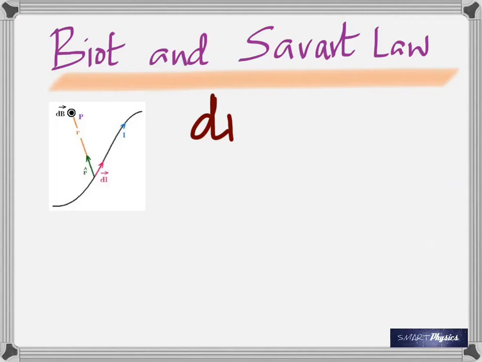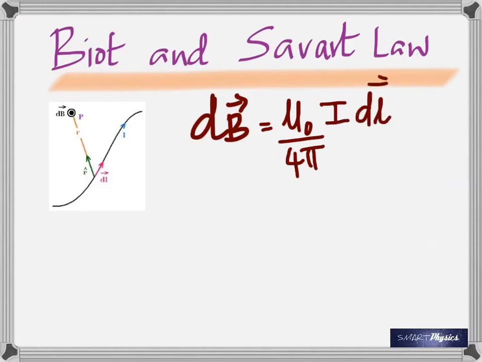But according to Biot and Savart's law, the small magnetic field, that's why it's dB, is given by mu naught by 4 pi I dl sine theta by r squared. But that can be written as I dl cross r by r squared. That's a cross product. How do you define a cross product?